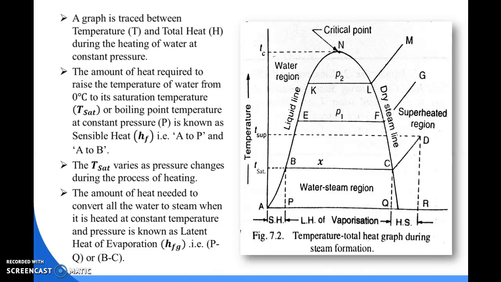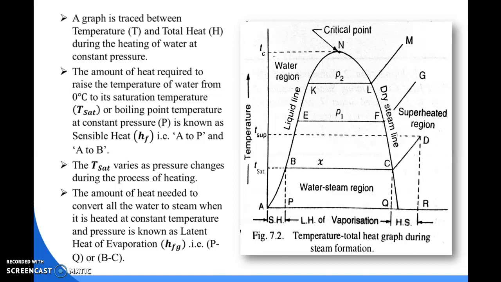Now, that critical point is the important point. If we see the different data of the steam, mainly the wet steam, at point V, it has the specific volume, the enthalpy, the internal energy, the entropy.